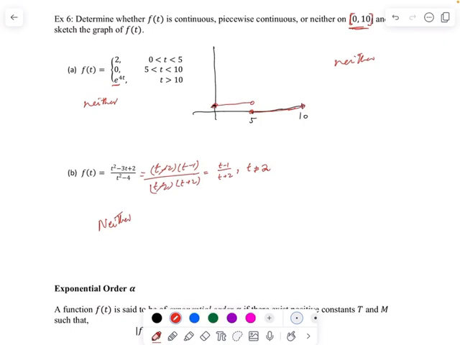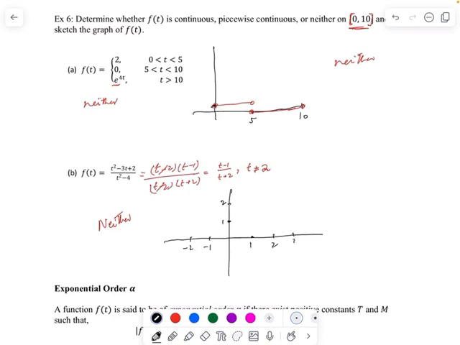So if we graph it, this is how it will look. It will have a vertical asymptote at negative 2. So let's say this is negative 1, this is negative 2, this is 1, 2, 3.